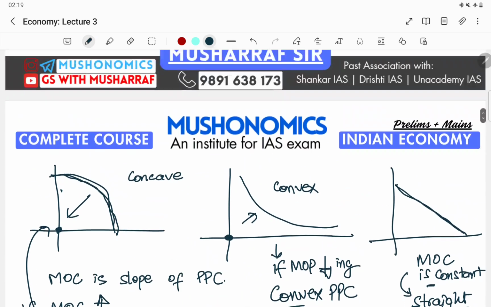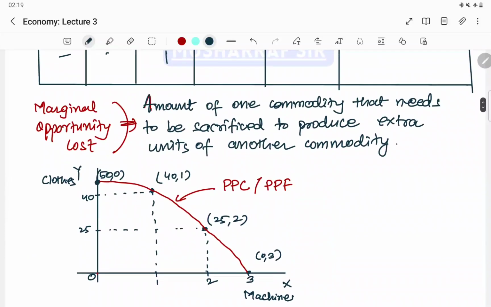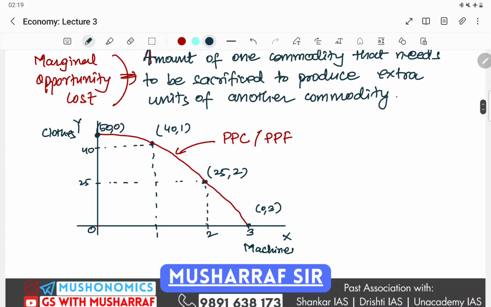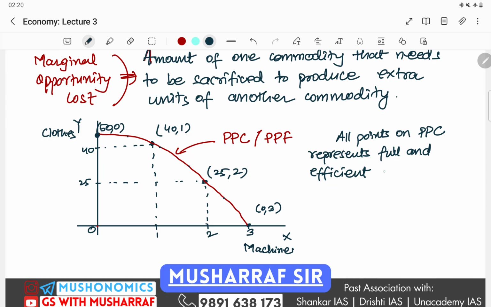And see what definition we have seen here, that PPC represents all possible combinations of two commodities that an economy can produce after using all its resources with a given technology. So all points on PPC represent full and efficient utilization of resources.